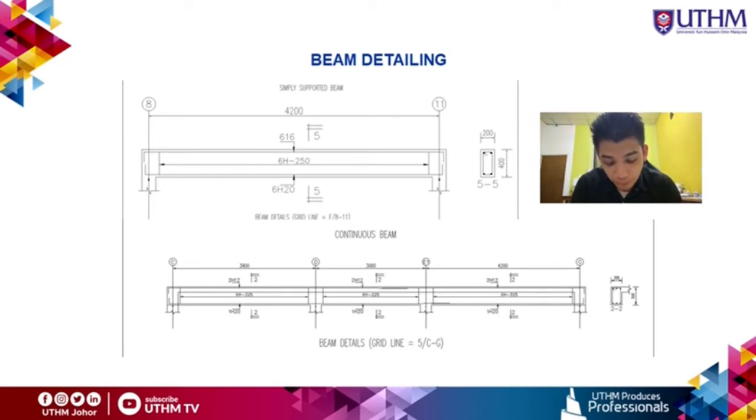For the calculation of the continuous beam, first we need to find the loading distributed from the slab for all three load cases and come up with the shear force and bending moment diagrams. The highest values of shear force and bending moment are used to calculate the adequacy of the reinforcement in the continuous beam.